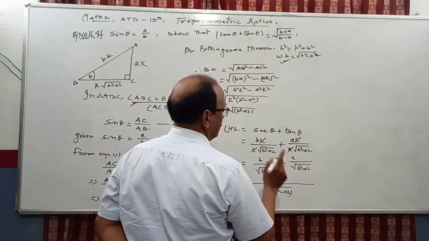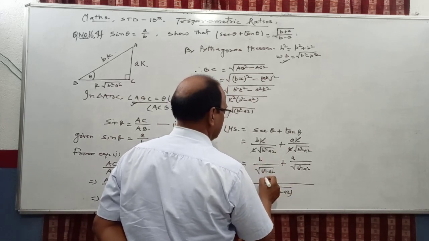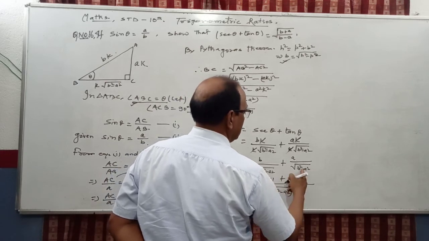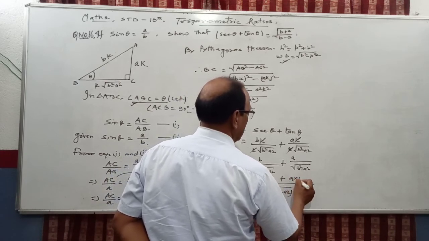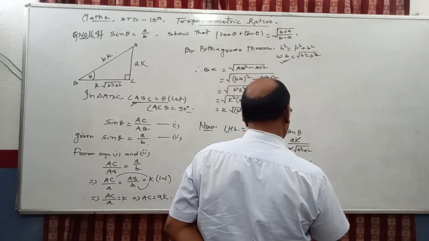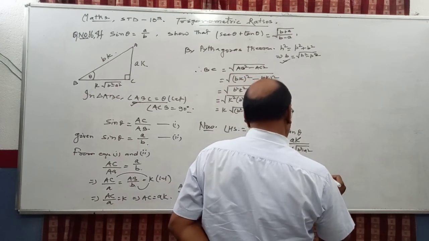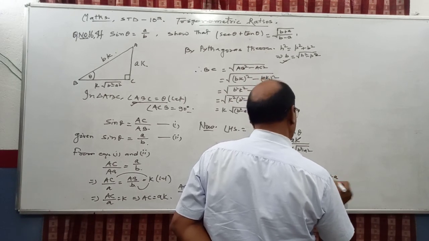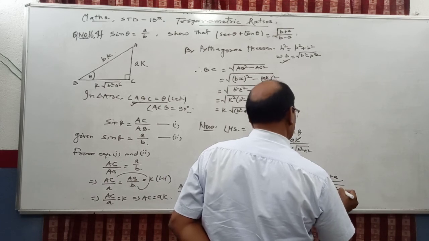So we have 1, so B into 1 plus similarly this one, A into 1. So what it gives? It gives us B plus A upon under root B square minus A square.